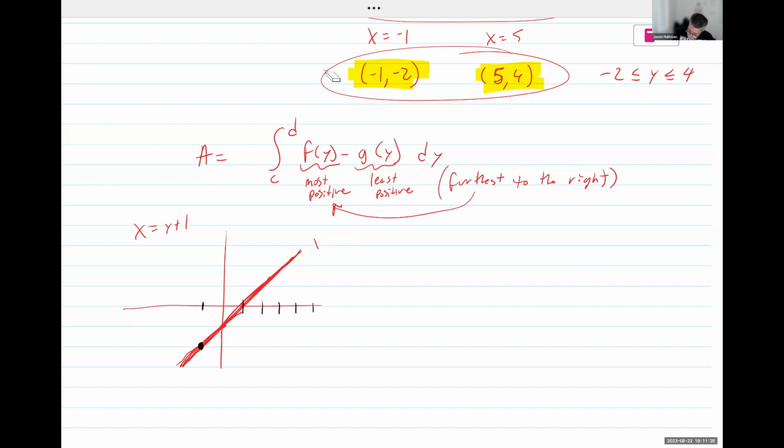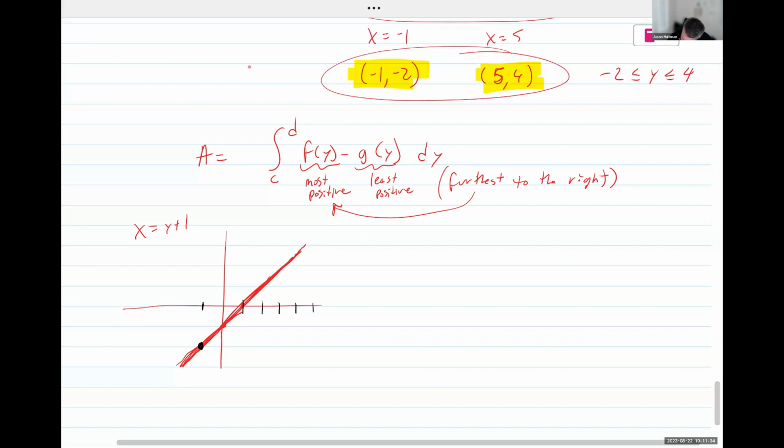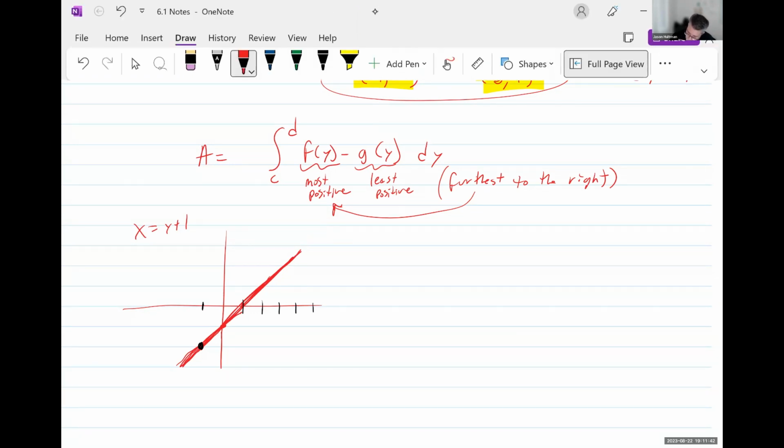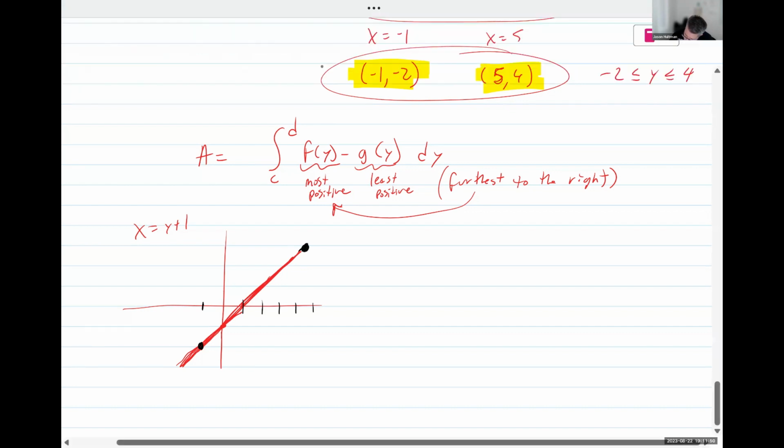Two, 3, 4, 5. 1, 2, 3, 4, 5. We're going to get there.